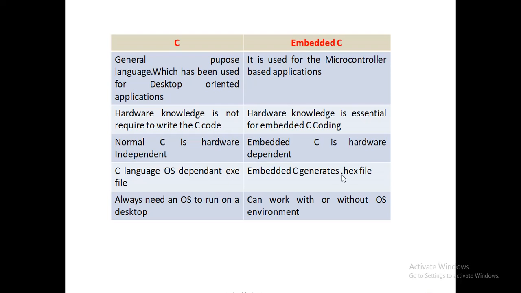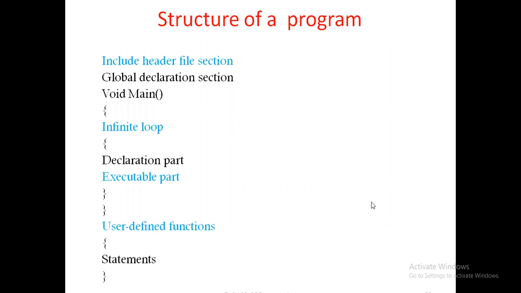To run on the 8051 microcontroller, a .hex file is sufficient. A desktop always needs an OS, but in embedded C we do not use any OS, though for real-time high-end applications they use an OS for the embedded system.